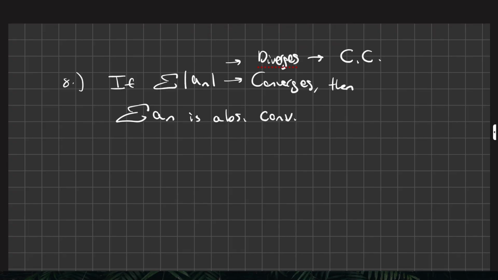A divergent series can have terms that don't tend to 0, which forces divergence, but it can also have a sub n going to 0 and still diverge. An example of this would be the harmonic series, 1 over n, right? Its terms go to 0 in the limit, but that series diverges by the p-series test.